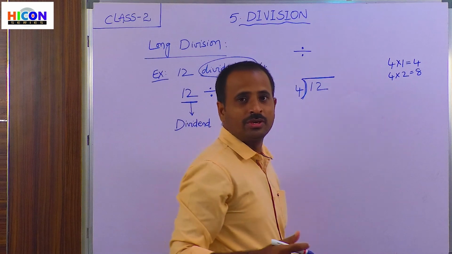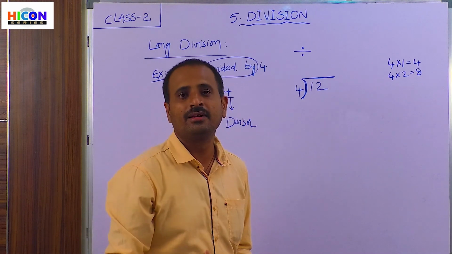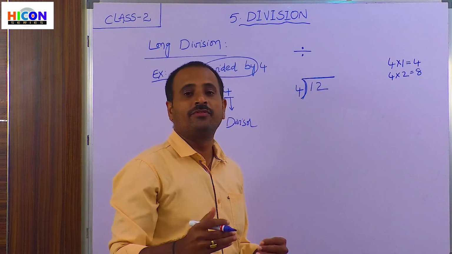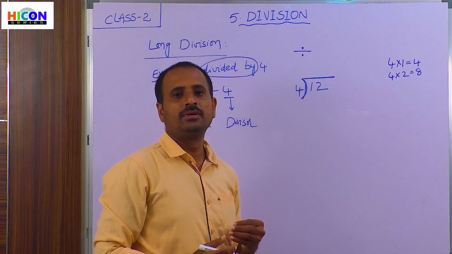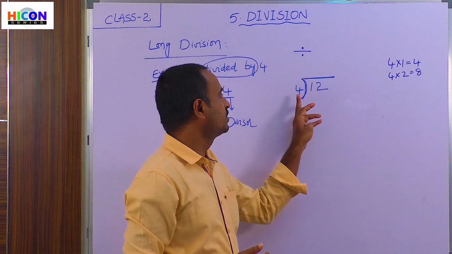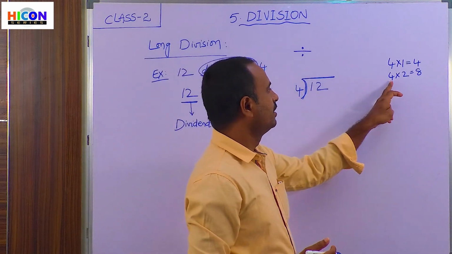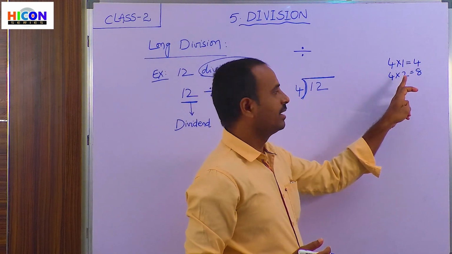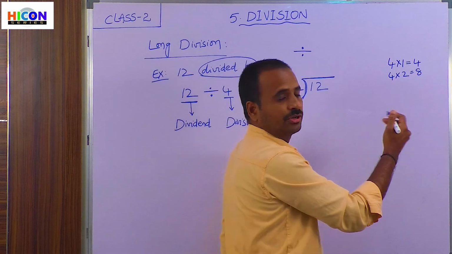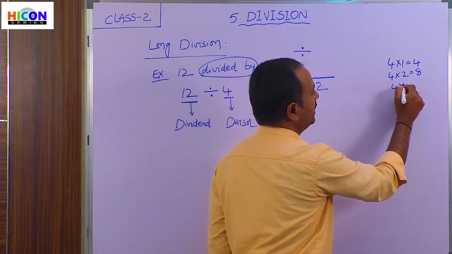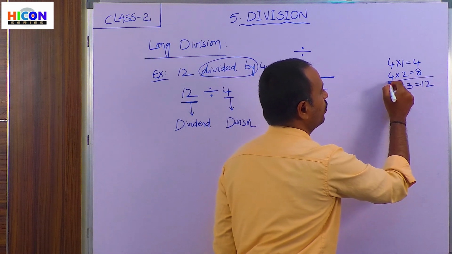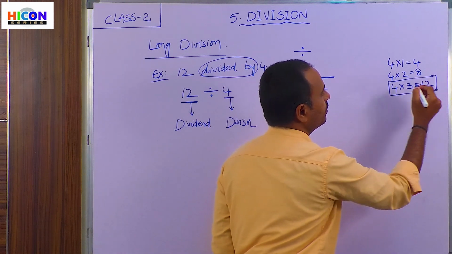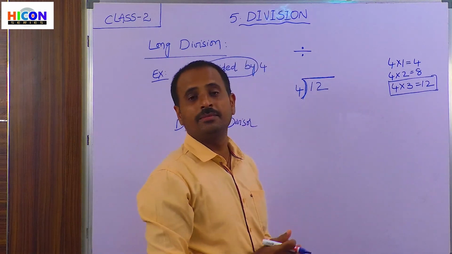Again, here we get 4 and 8. Now continue: 4 threes are 12. So children, now you have got the number 12. How many times?